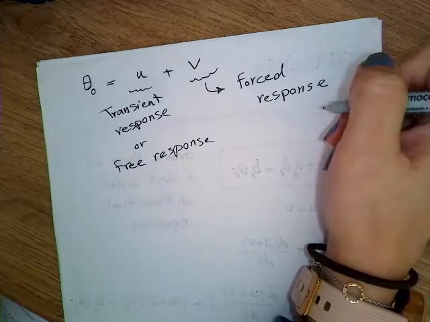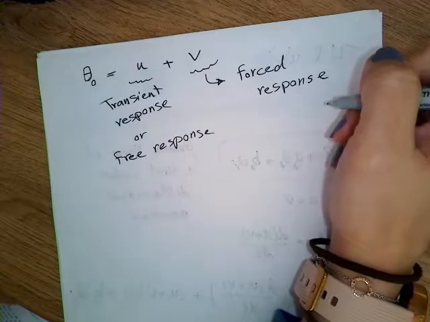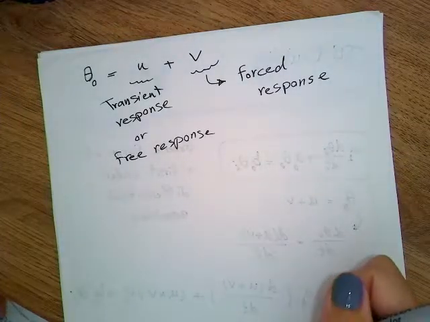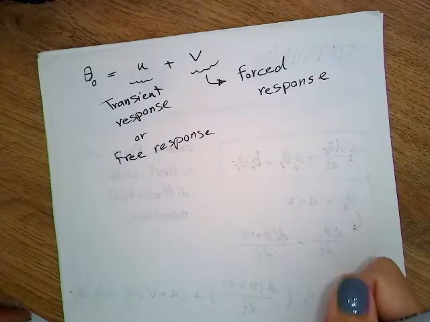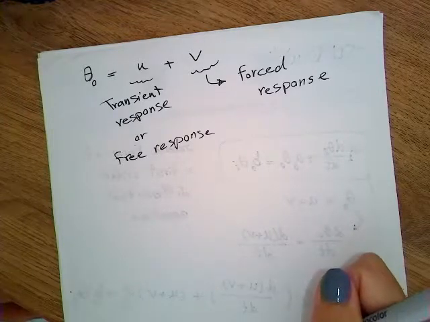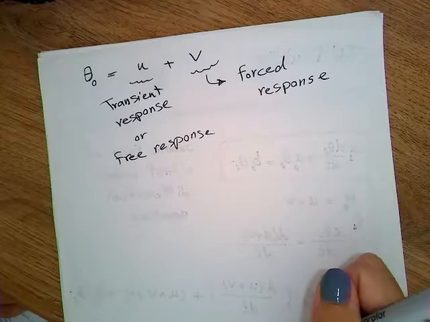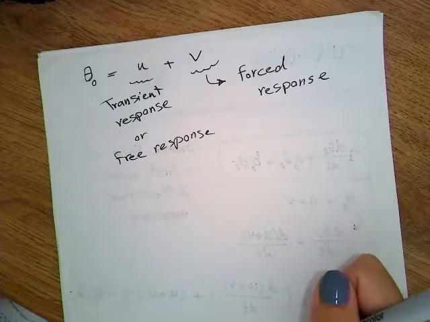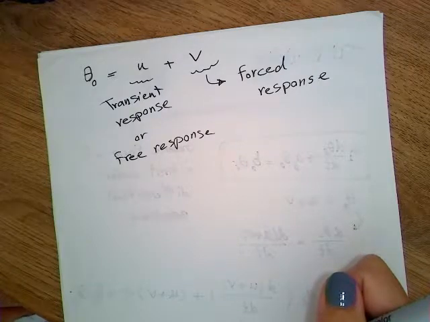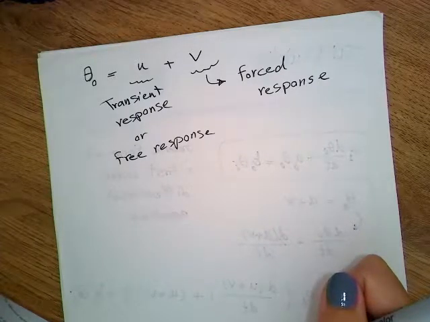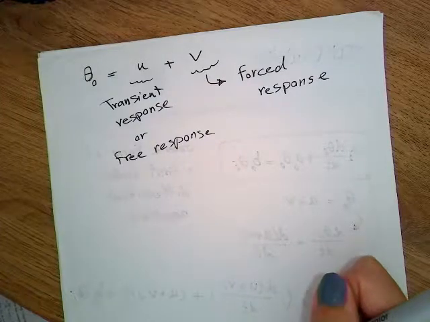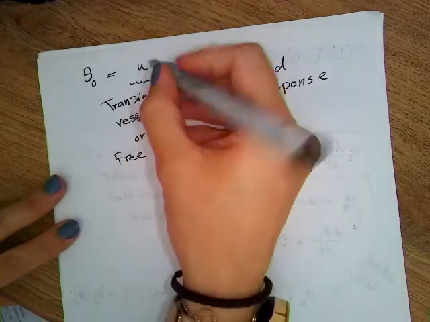So in order to obtain the transient response, we don't need to know what form of the input signal is passed to our system. The reason is because this response is independent of the input signal. Now we need to solve the equation. So we want to obtain what this u is.